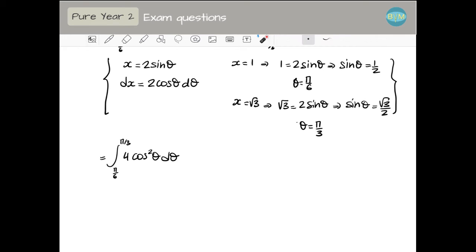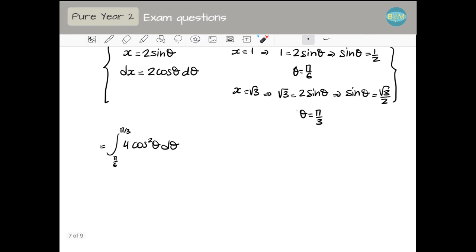And now I think you need to know the trick to integrate this. It's not going to help you to write this as 1 minus sine squared, because again we don't know how to integrate sine squared. What we do is use the double angle formula. It's something that you need to know.